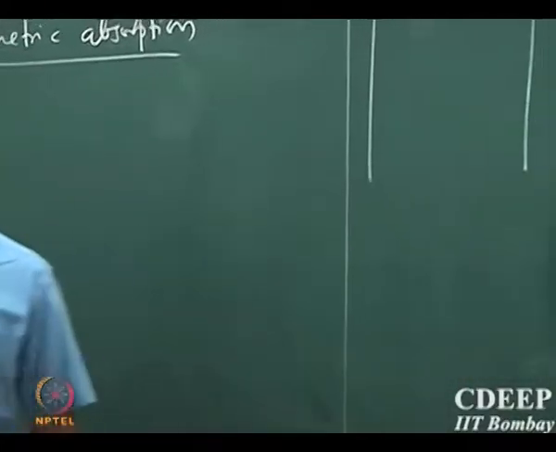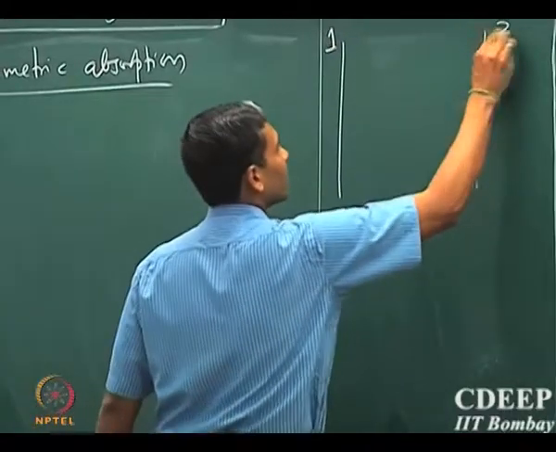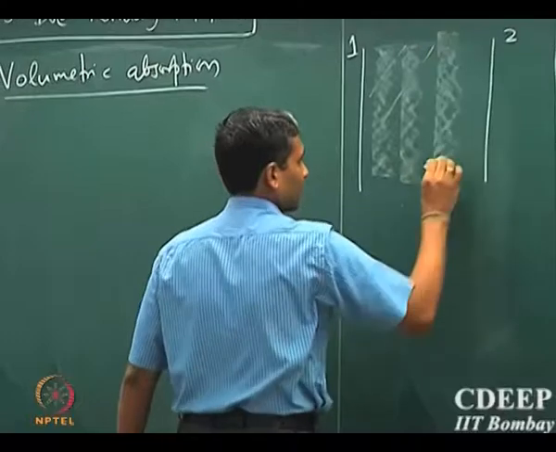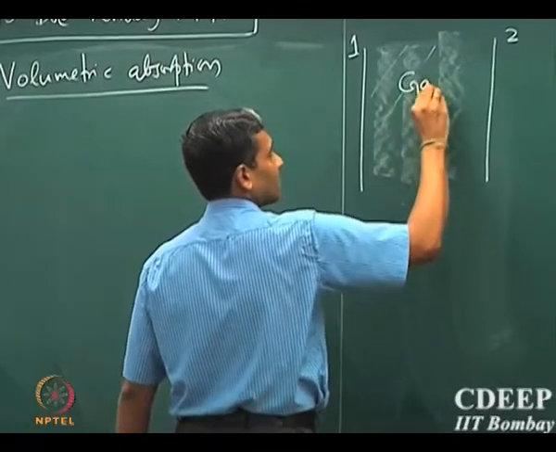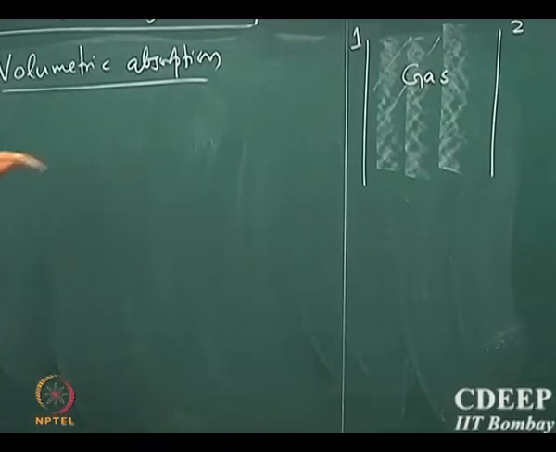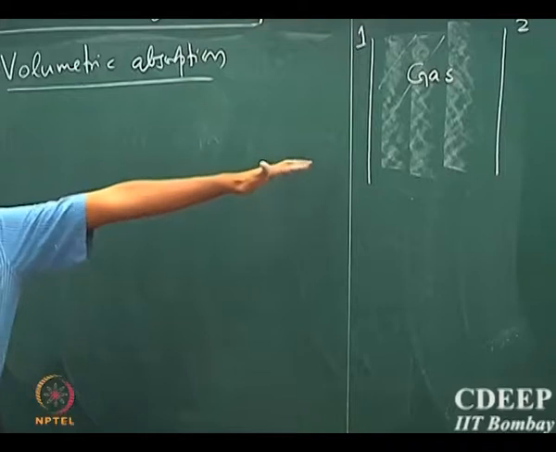So, suppose we assume that we have two surfaces, okay, surface 1 and surface 2, and let us say it is filled with some gas, okay. So, the aspect of volumetric absorption depends upon the nature of the gas.